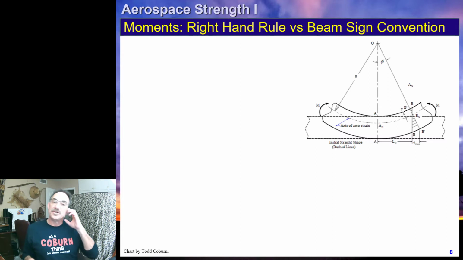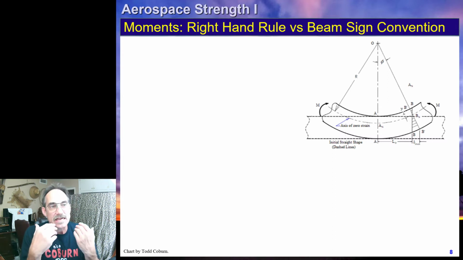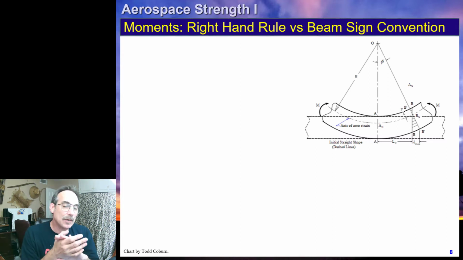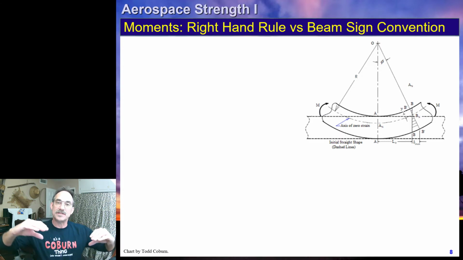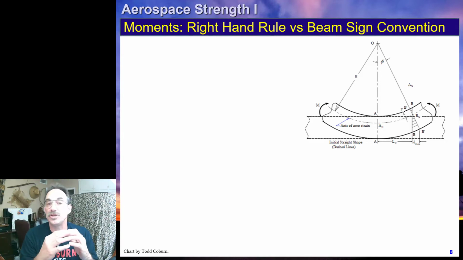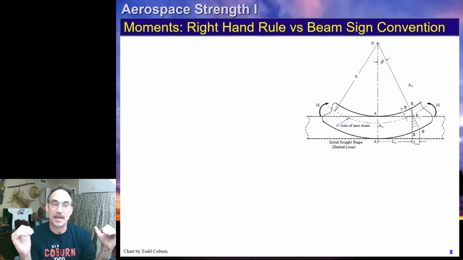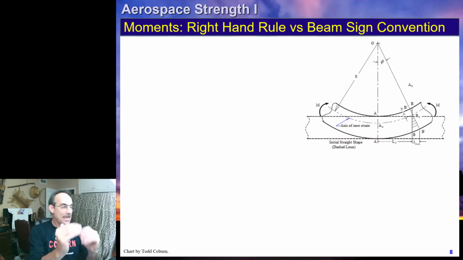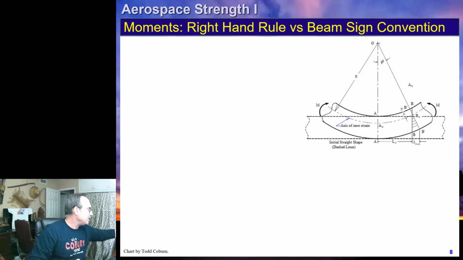So at this point, it's good to talk about sign convention. We're used to dealing with the right-hand rule for all sign convention. That's a very useful tool. However, when we deal with beams subjected to lateral loads, such as we see in houses and things, it's very common to use beam sign convention, which is defined as smiley face bending. As this beam is bending, it's going into smiley face bending.